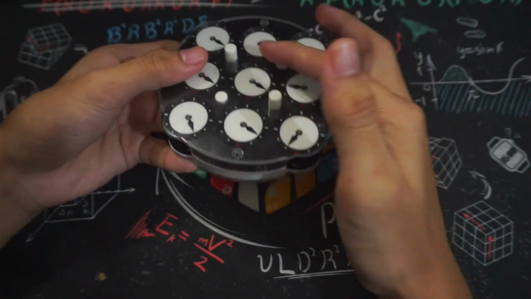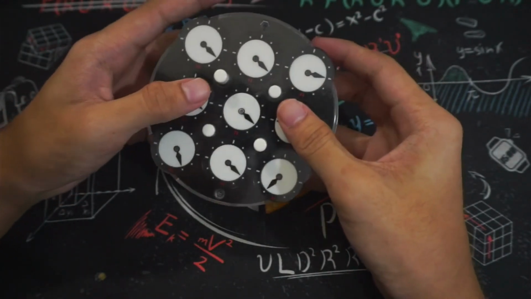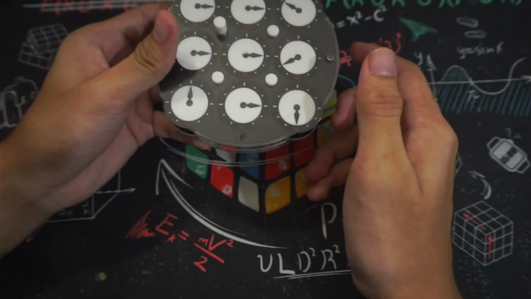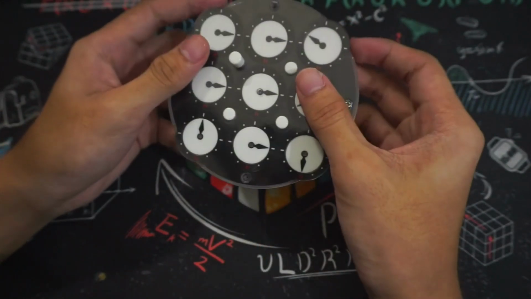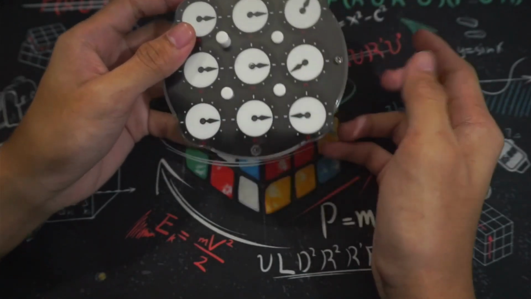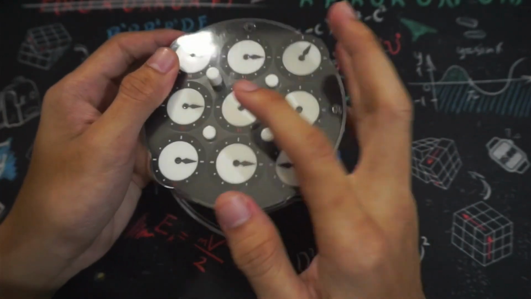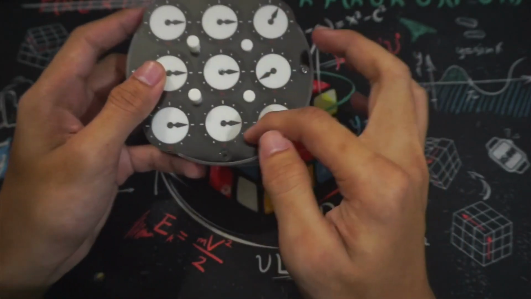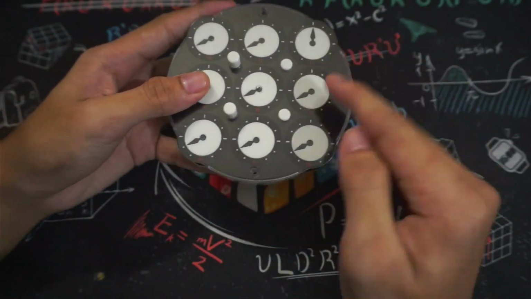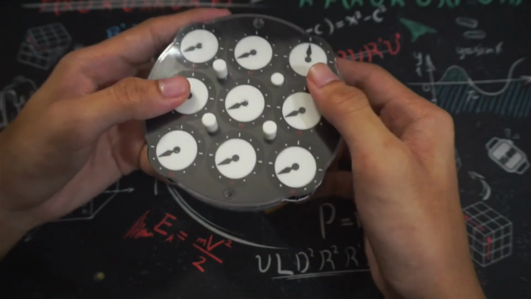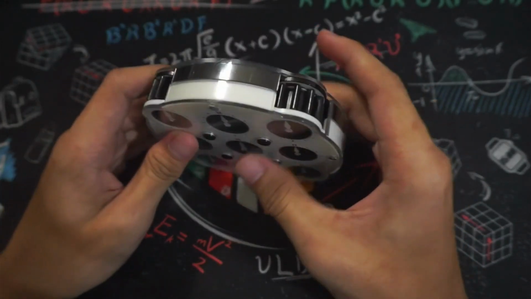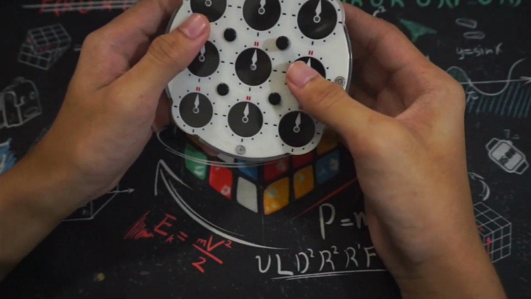Put these 2 pins up, AE, then put this down, solve the rectangle, like so. Then put this pin up, solve the L, then put this pin up, and then solve the 12. And it's solved. Alright. Okay, so last solve.